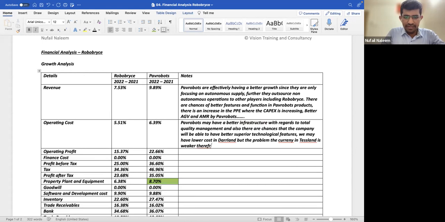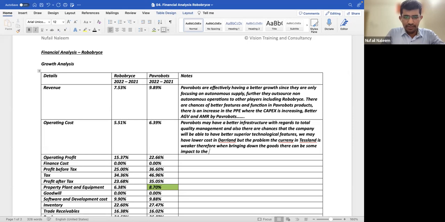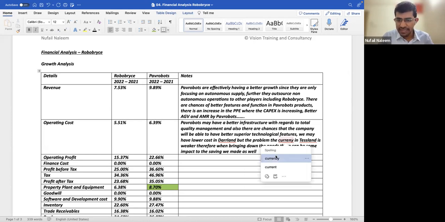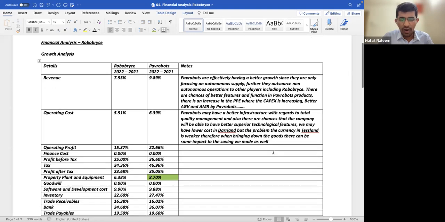Therefore, when importing or bringing down the goods, there can be some impact to the savings we made as well. That is one more challenge that we are effectively facing, and I believe that all the students are very clear with this operating cost.